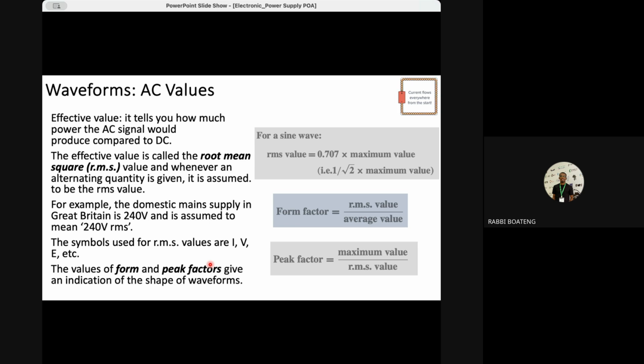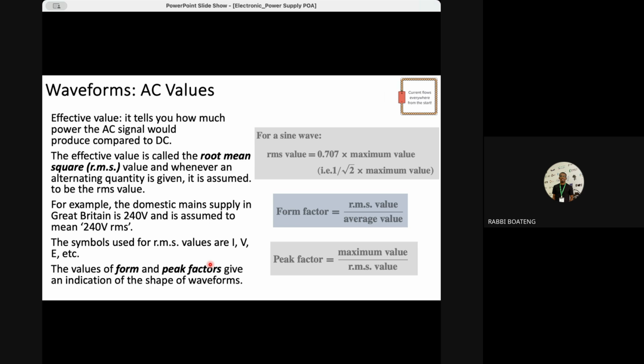So in our house, what we are actually getting is called an effective value. A typical name for the effective value is the root mean squared value. And because it's voltage we are talking about, it becomes root mean squared voltage. So ECG is actually giving us the root mean square voltage.